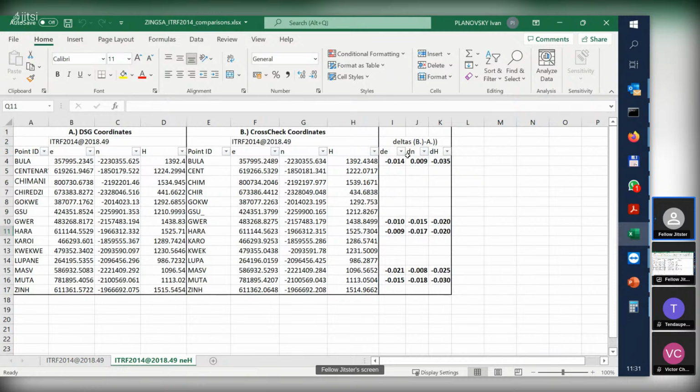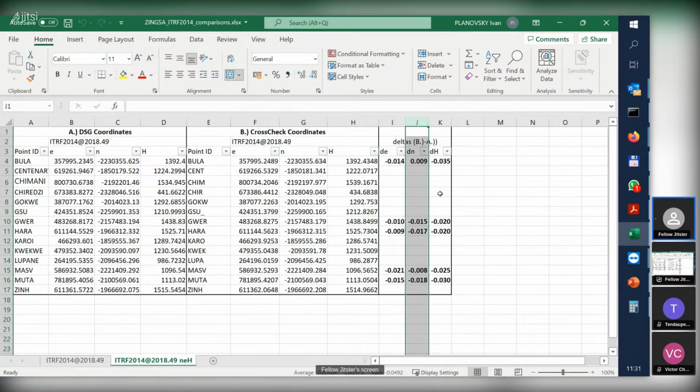Here we can see that the shift in the east-west direction is very, very consistent for all stations, from -9 millimeters to -21. So within 1 centimeter dispersion, all sites are moved by this 1.5 to 1.8 centimeters.